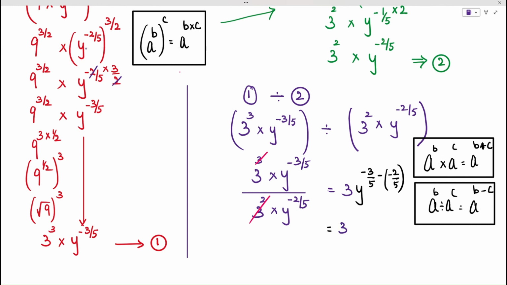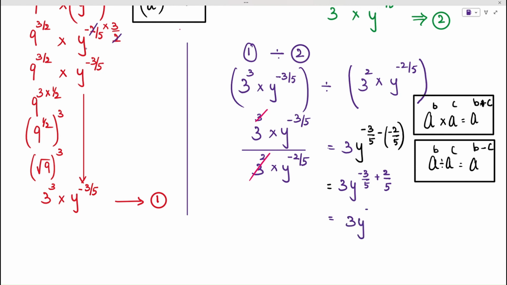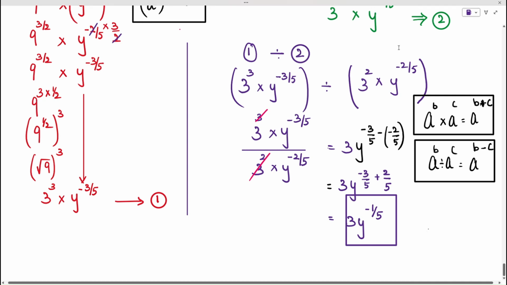Now this leaves us with 3 times y to the power of minus 3 over 5 plus 2 over 5. And this leaves us with 3 times y to the power of minus 1 over 5. And this is the simplified form of the expression we were given at the beginning.